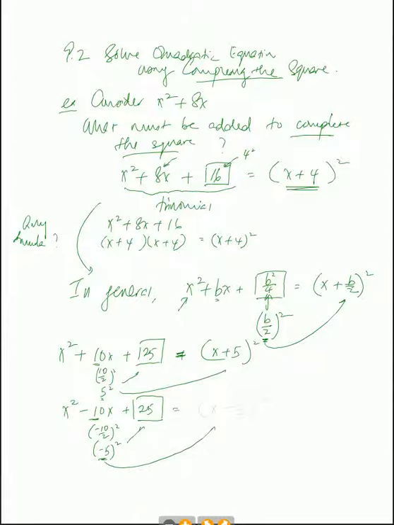But this number prior to squaring is the number that's going to be used on the other side, so it's going to be x minus 5 all squared. The number that is added is always a positive number, whereas the number you use on the other side, writing it as a perfect square, may or may not be positive. It could be negative. It depends on the coefficient of x.